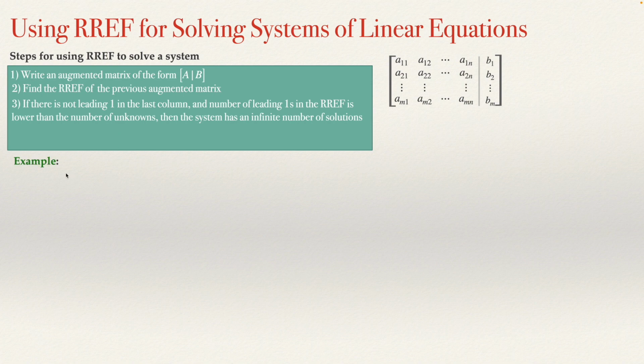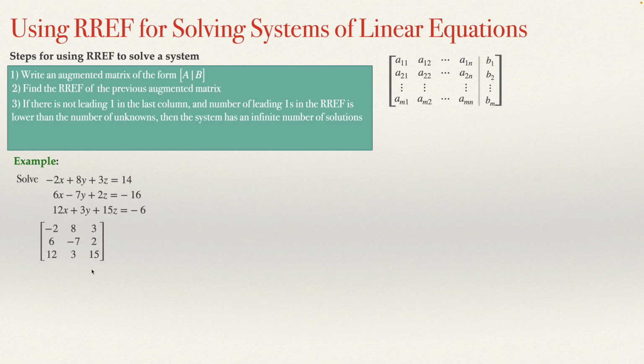For example, if we have this system, negative 2x plus 8y plus 3z equals 14, then another equation, 6x minus 7y plus 2z equals negative 16, and finally 12x plus 3y plus 15z equals negative 6. As always, this system of linear equations is equivalent to one matrix equation, this one, in which we have the matrix of coefficients, a vector of unknowns, and the vector of constants at the other side.